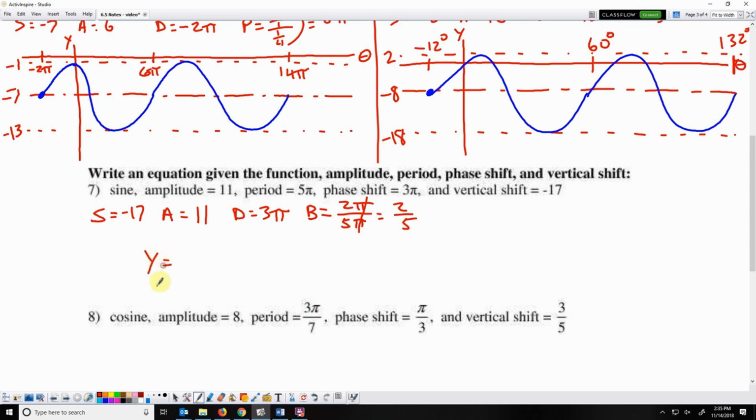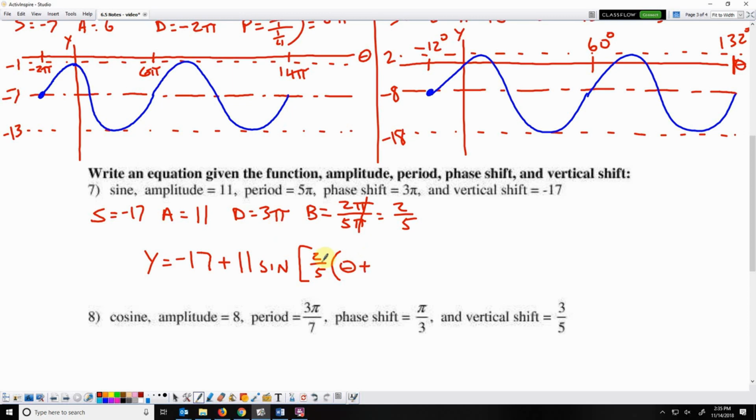So Y equals my sinusoidal axis. It's sine. So 11 sine. And I'm going to write a factored form here. It's just going to be easier than distributing. V is 2/5.